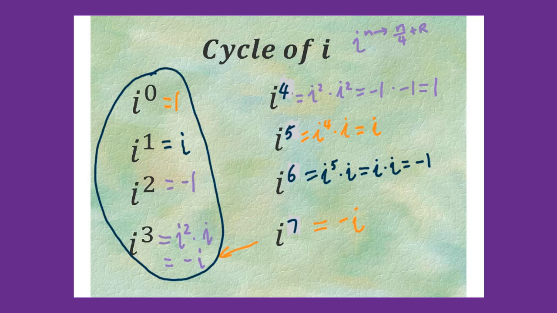If the remainder equals 0, the answer is 1. If the remainder equals 1, i is the answer. If the remainder equals 2, -1 is the answer. If the remainder equals 3, then -i is the answer.